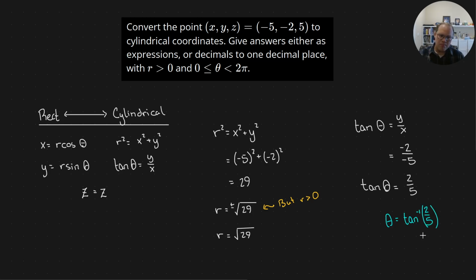Okay? But remember, we got to be real careful with those inverse trig functions, because technically a trig function isn't invertible. In order to make a trig function invertible, we have to restrict the domain. We have to restrict what values of the angle we are going to allow to be plugged in. Okay, it's different for different trig functions. For tangent, we assume that theta is between negative pi over 2 and pi over 2.